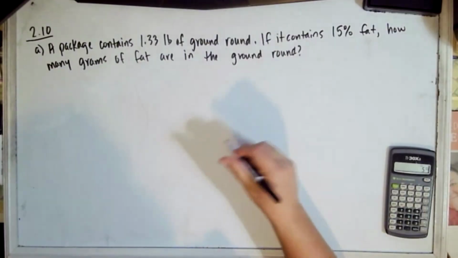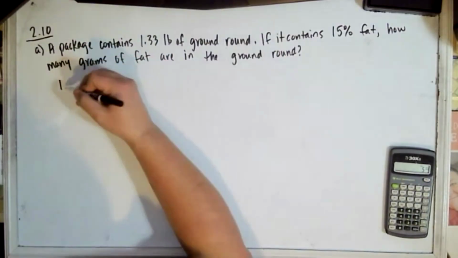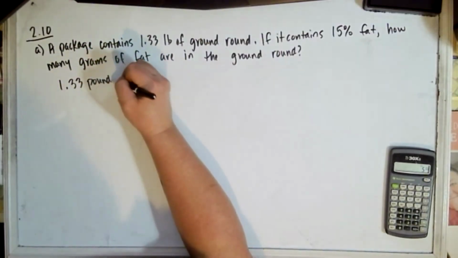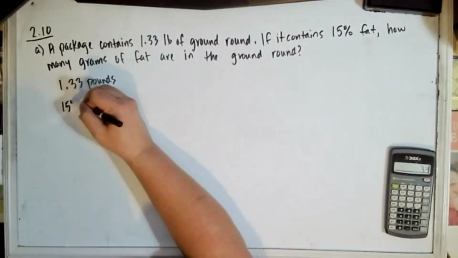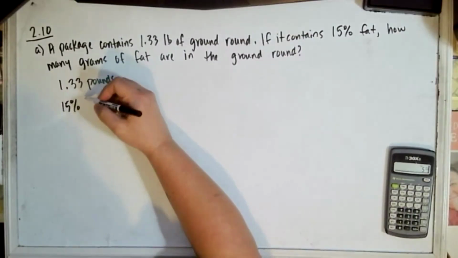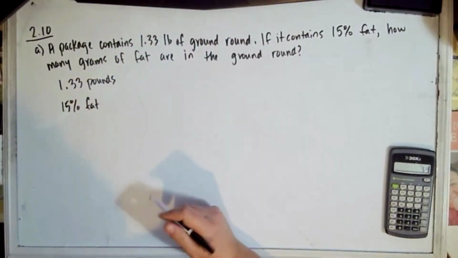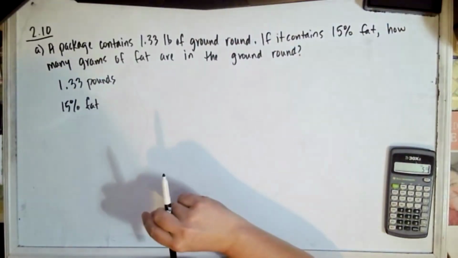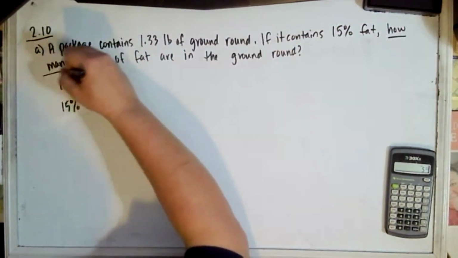So for this one, the information that we're given is that we have 1.33 pounds of meat, and that the meat is 15% fat by mass. So 15% fat. They're also asking for the final value to be given in terms of grams.